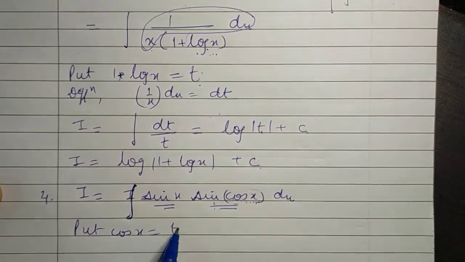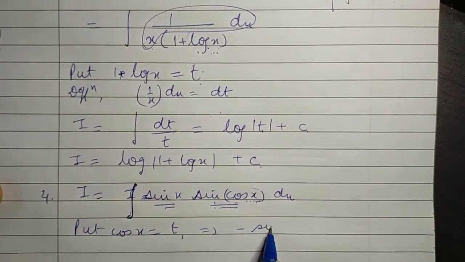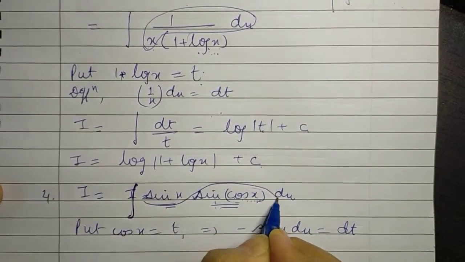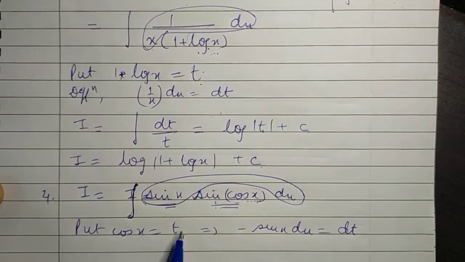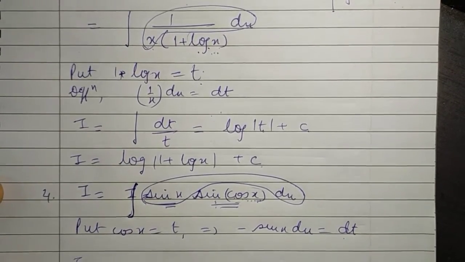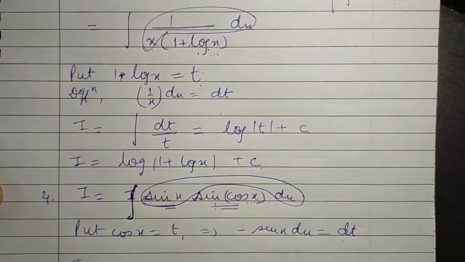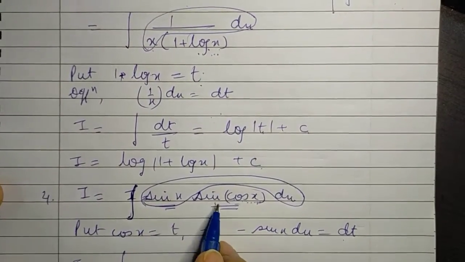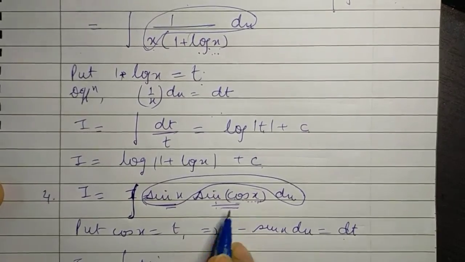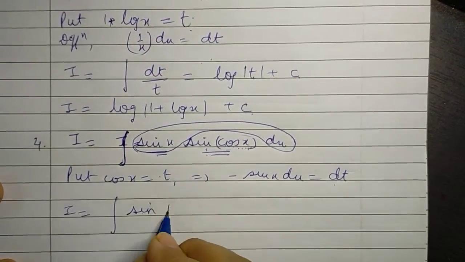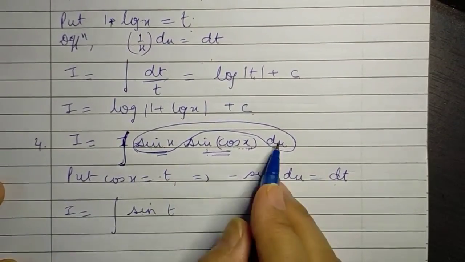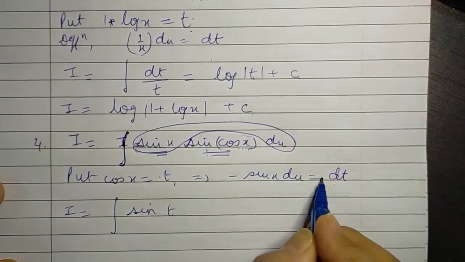Because if you put cos x as t, we get minus sin x dx as dt. So clearly this sin x gets absorbed in dt, and so we can write it very easily as sine as it is, and in place of cos x we write t, and then sin x dx gets replaced with minus dt.